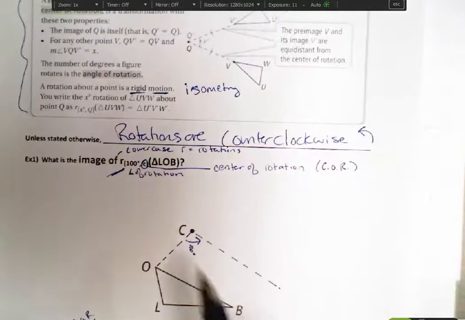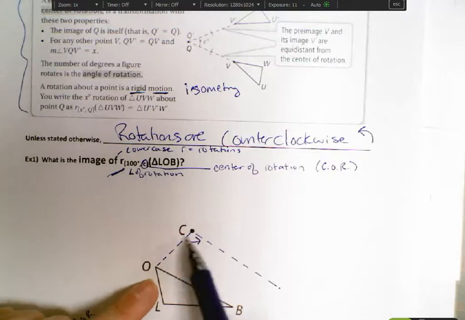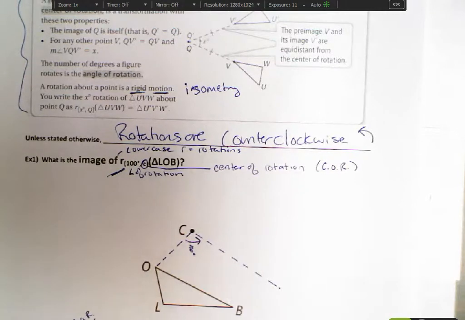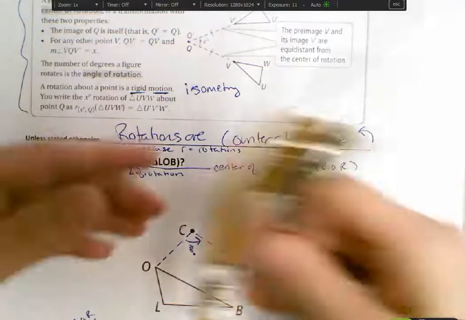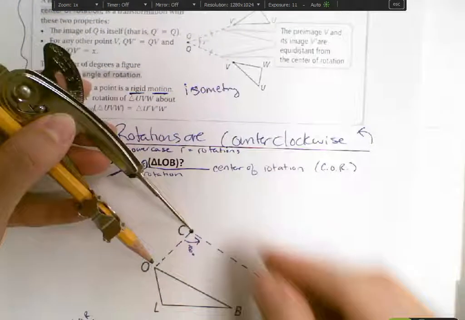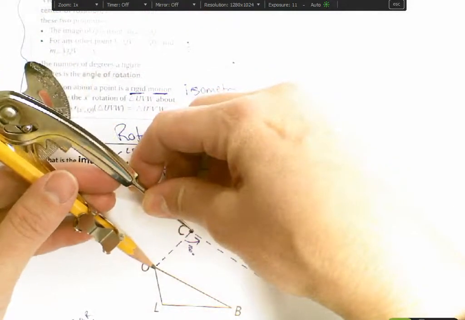What we need to do is get the point that we just created this 100-degree angle for onto here. Since I preserve distances, I need to take my compass from the center of rotation and open it to the original vertex point.